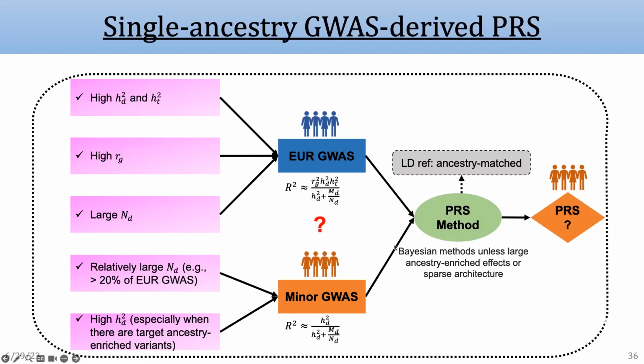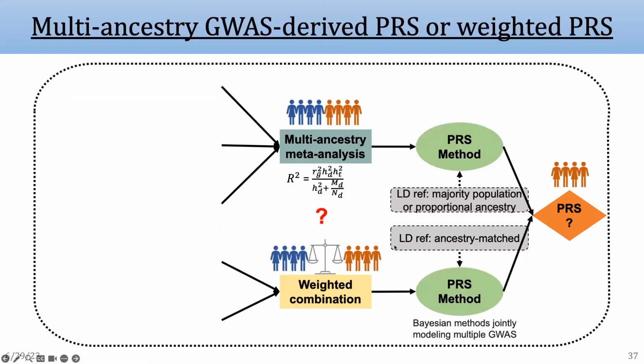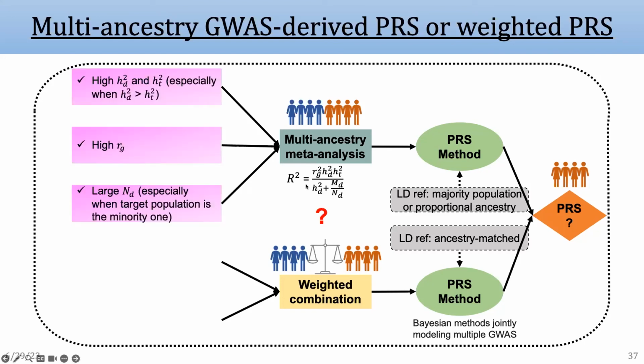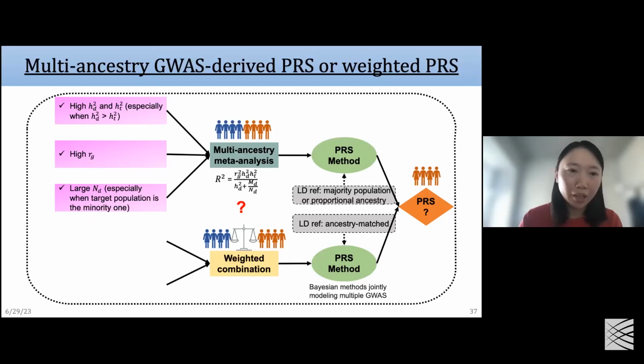In this study, we mention the meta-analysis strategy and the weighted strategy. Which one to choose also depends on different factors. Especially when heritability is high in both the target and discovery populations, but even higher in the discovery population, the target population can borrow more genetic information from the discovery population.